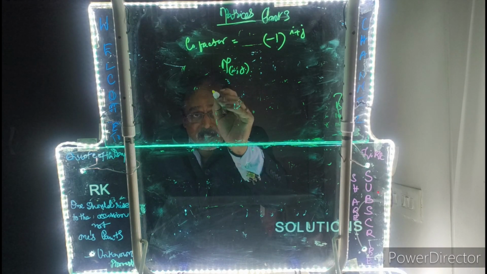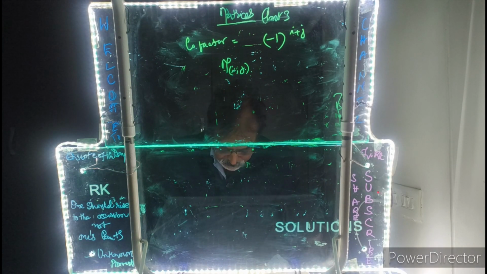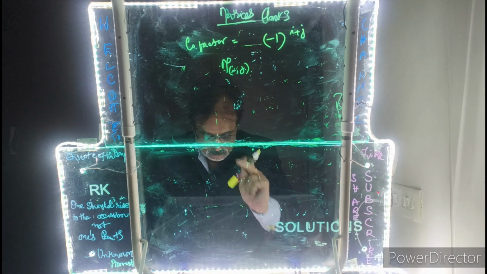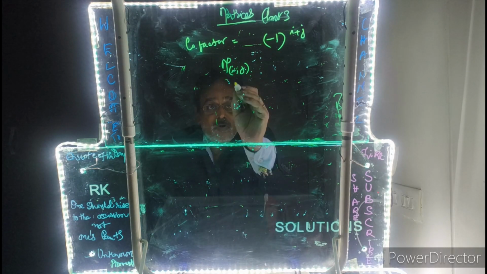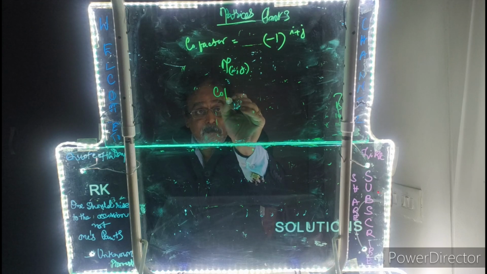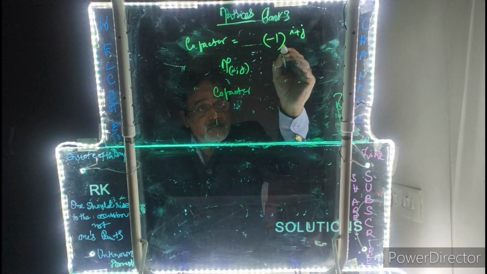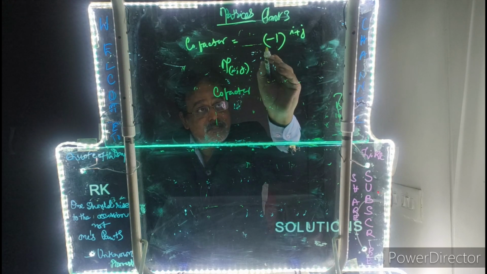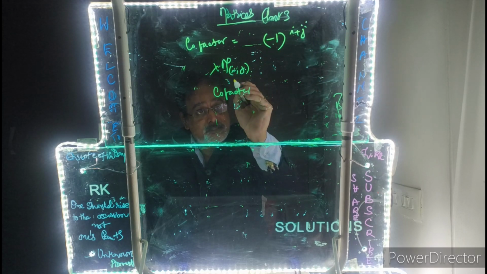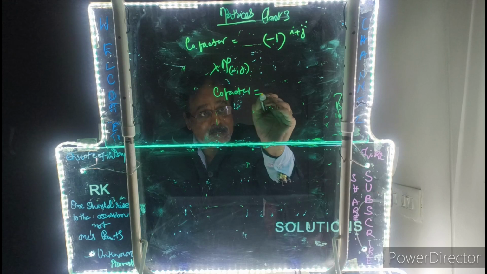And when you multiply, sorry, minus 1 raised to i plus j into this Mij will give you the cofactor.